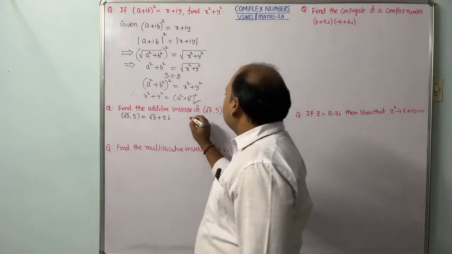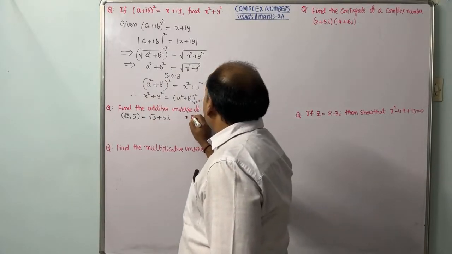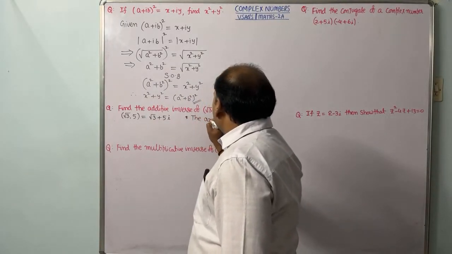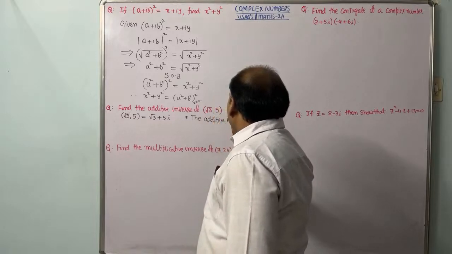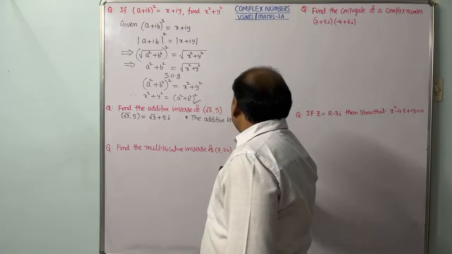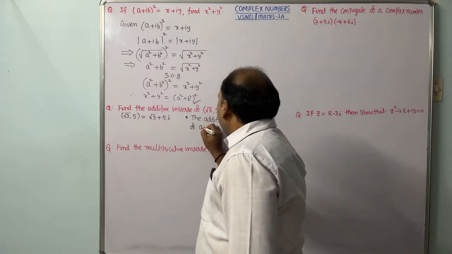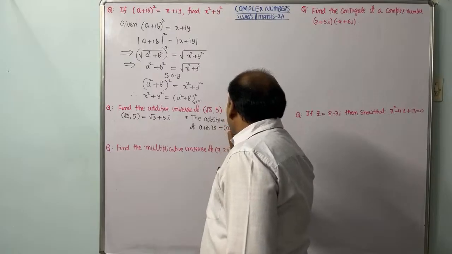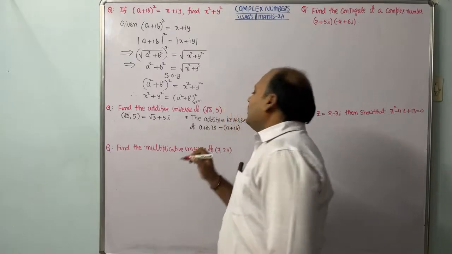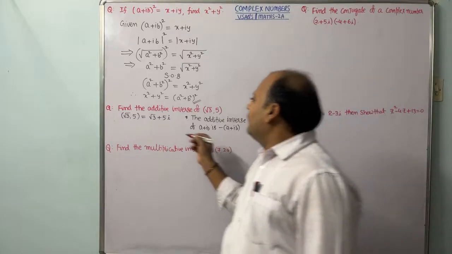For any complex number, the additive inverse of a plus ib is minus of (a plus ib), that means minus a minus ib.